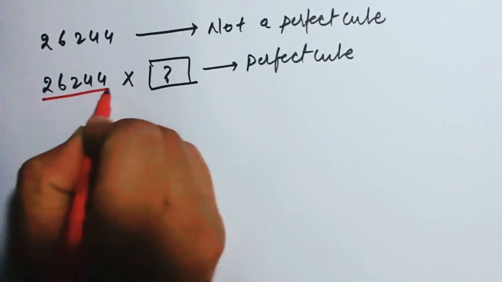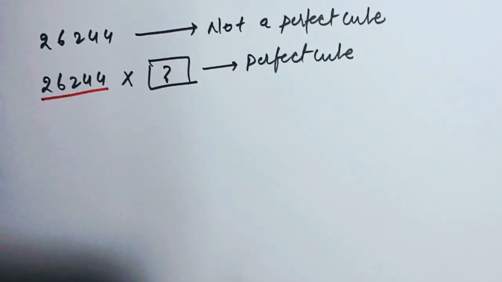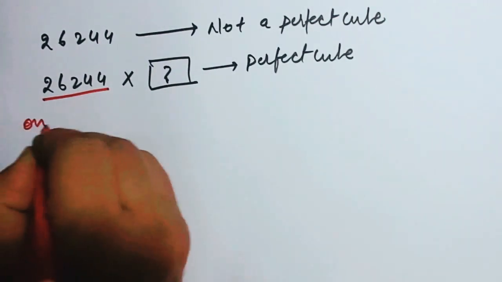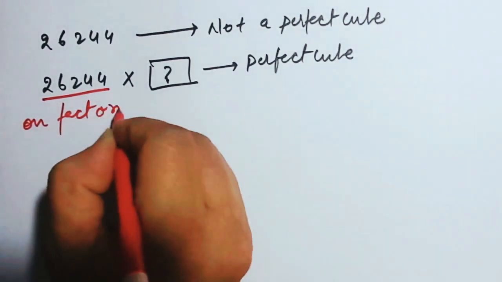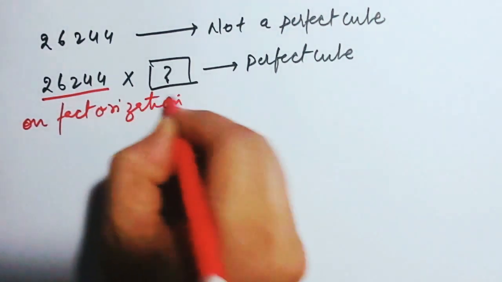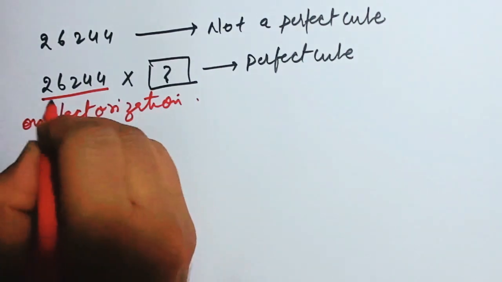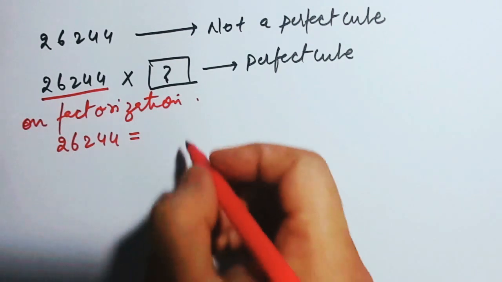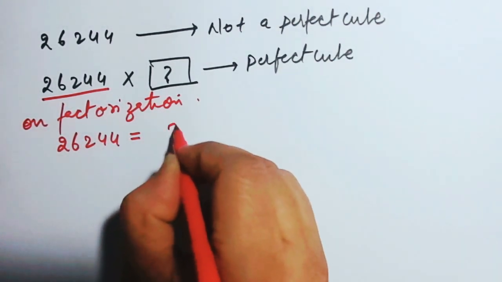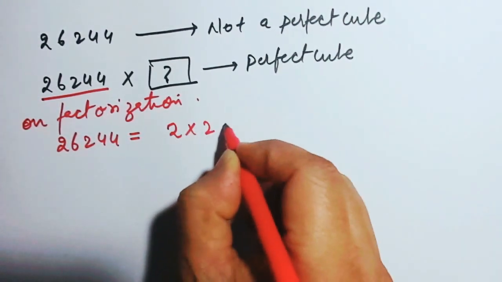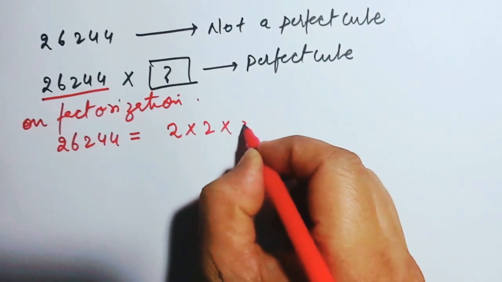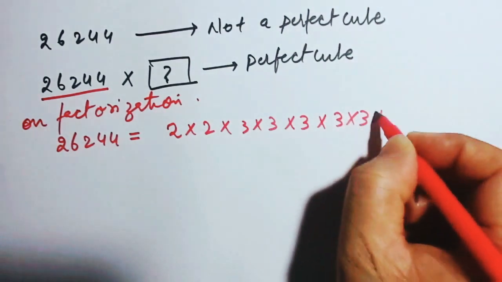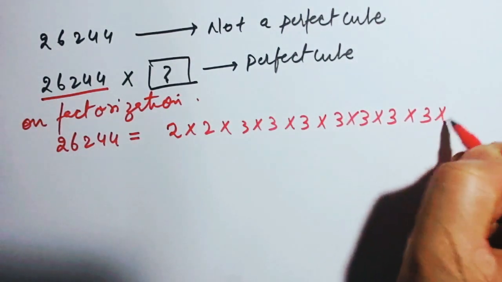So what did I say? When you factorize 26244, you will get 2 times 2 times 3 times 3 times 3, 3 times 3 times 3, and then 3 times 3.